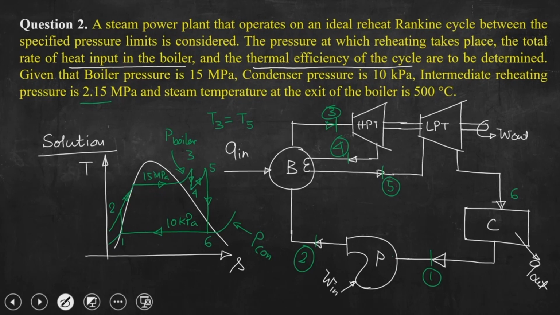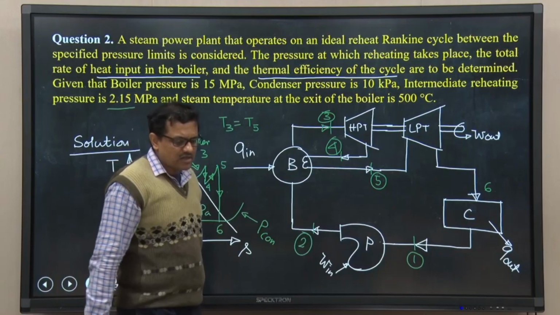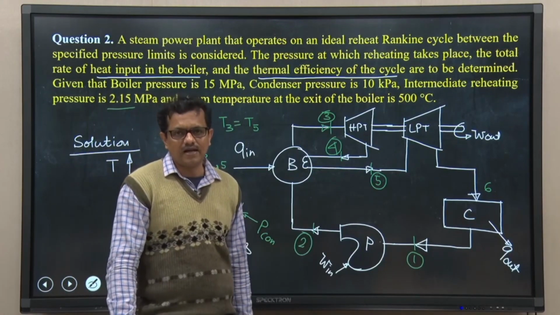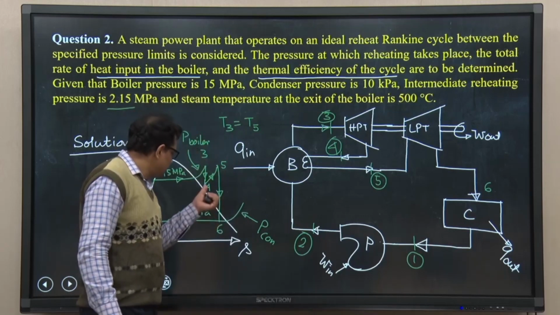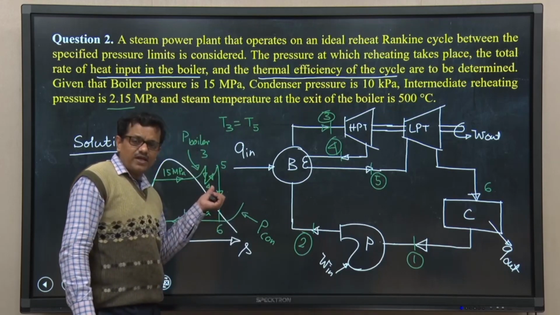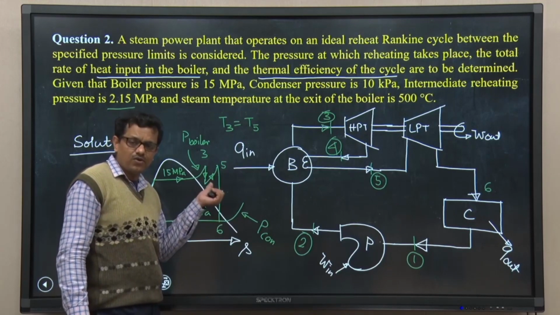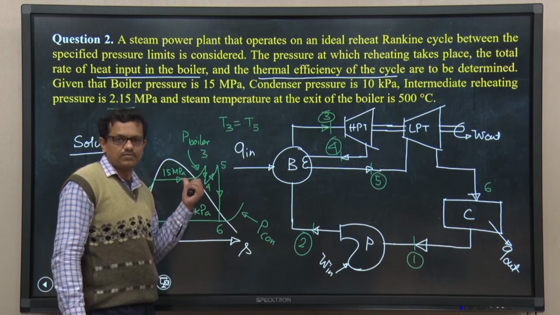So, it is not advisable to design in such a way that point 4 would be inside the vapor dome. You may think why: from the consideration of the thermal efficiency of the plant. So, I am telling the best design would be not to allow expansion in the high pressure stage turbine to go up to 4, and 4 should be inside the vapor dome.